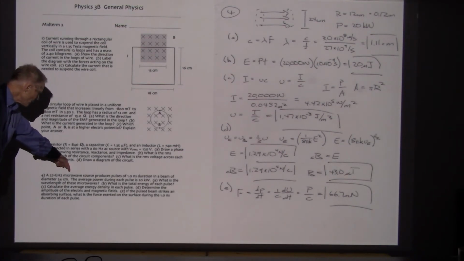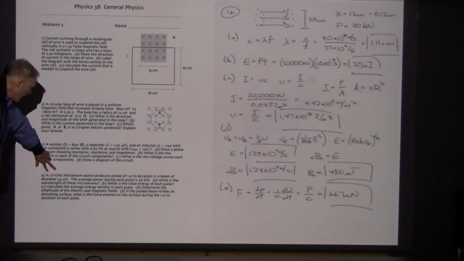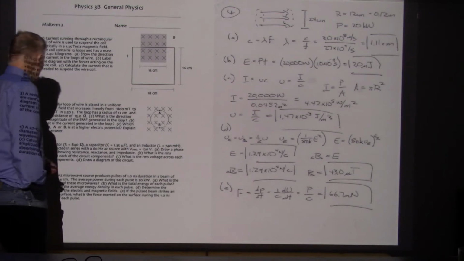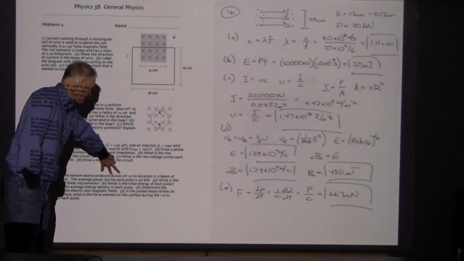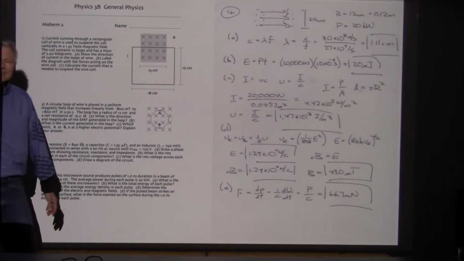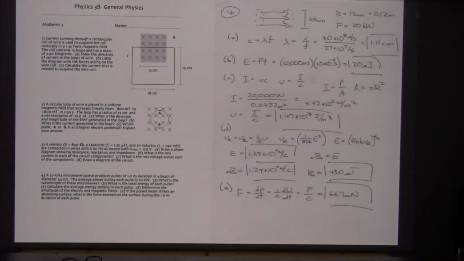And it says that we have a microwave source that is operating at 27 gigahertz. So this could be some kind of communication device, right? Now it says that this device is producing pulses that last only 1 nanosecond. Wow. So it only turns on for a nanosecond and then it turns off.